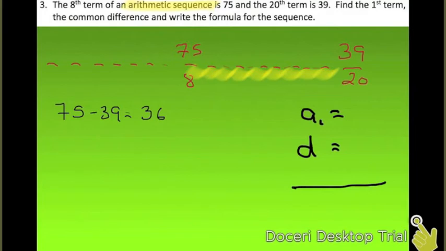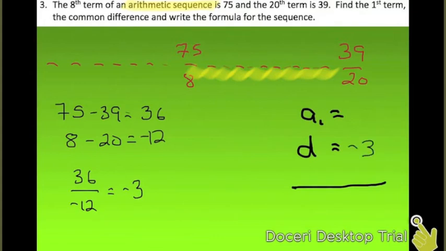Then on the bottom we can do 8 minus 20, which is negative 12. So 36 divided by negative 12 gives us negative 3. So our common difference is going to be negative 3. Because if you start at 75 and subtract 3 each time, you will eventually get down to 39, which will be the 20th term over here.